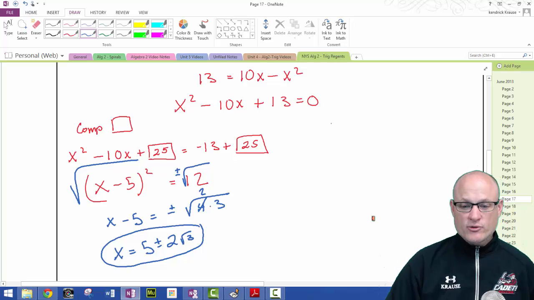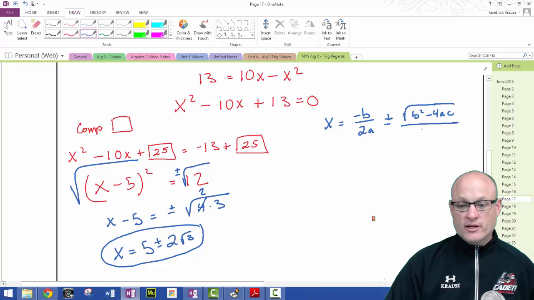I can also use the quadratic formula, which says x is equal to negative b over 2a plus or minus square root of b squared minus 4ac all over 2a. You remember the quadratic formula. So a equals 1, b equals negative 10, and c equals 13.